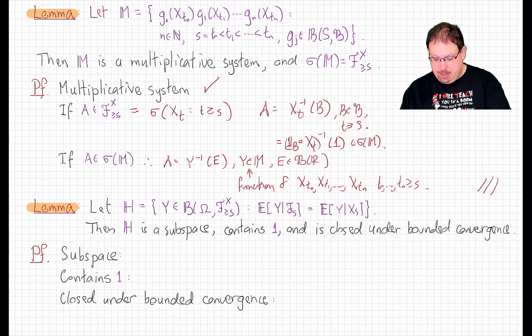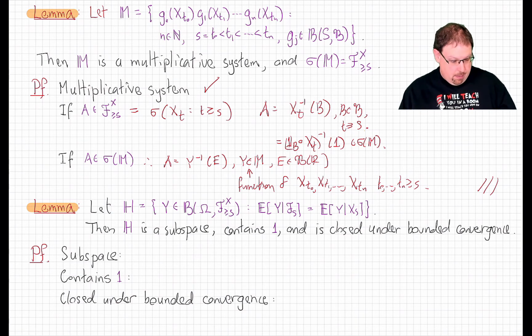The conditional expectation of that random variable given the past up to time s is the same as the conditional expectation of that random variable just given X_s. Well, we're going to show that H is a subspace of the space of all bounded measurable functions, future measurable, that it contains 1, and that it's closed under bounded convergence in order to use Dynkin's multiplicative systems theorem.